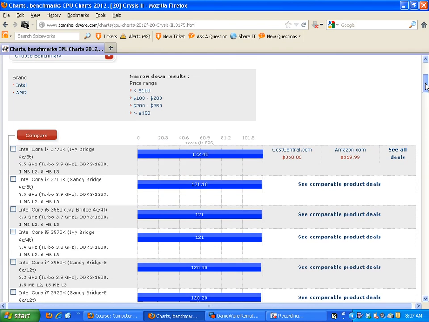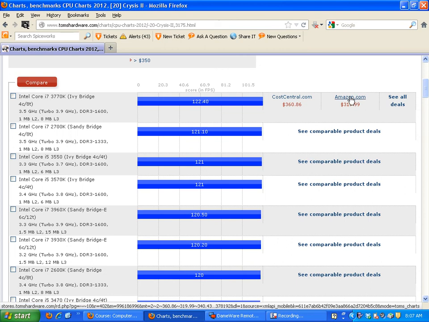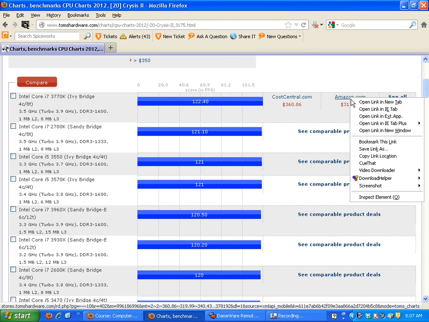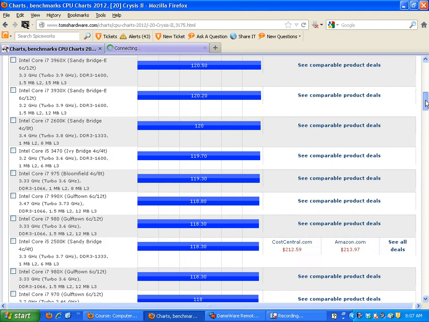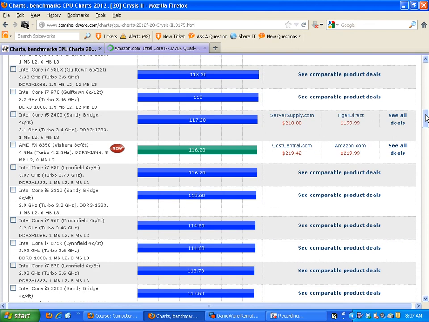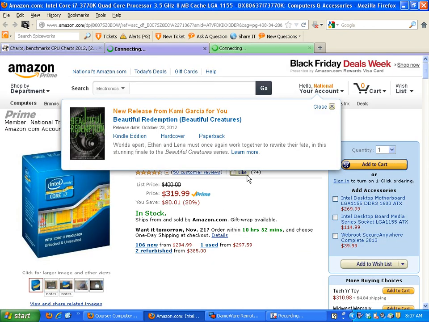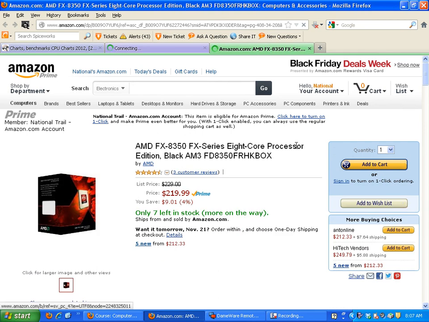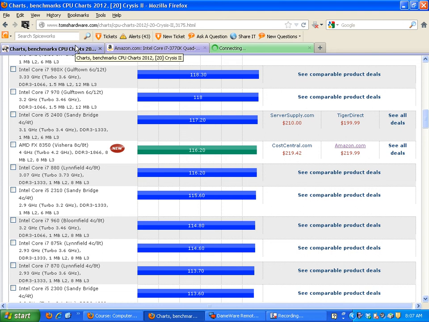If I can get it at Amazon at $319, see if that's actually true. And this says I can get this one at Amazon at $219. That's going to be one of the things. Okay, so that is $319, and this one is $219. Okay, so one of the things you're going to see is that comparable stuff is usually cheaper with AMD.